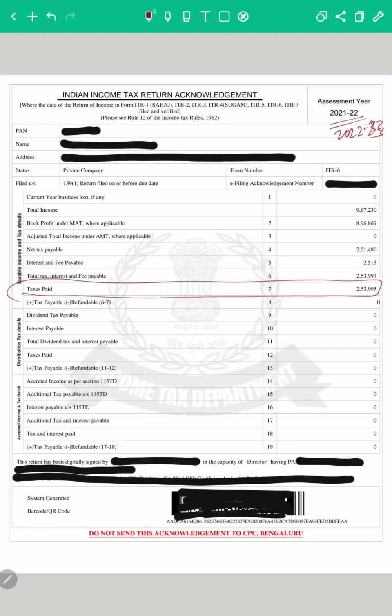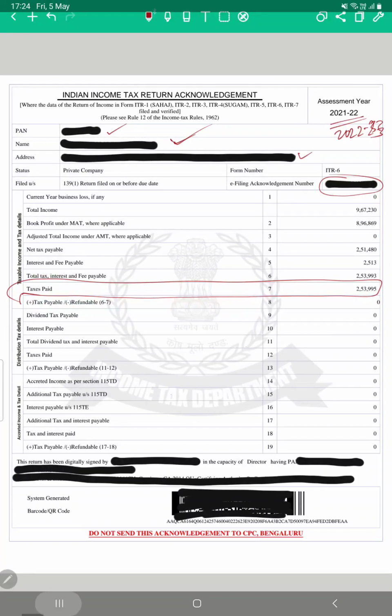Now you have to check once again whether it has the same PAN number and the name of the proprietor. If it is a proprietorship firm, the name of the proprietor is the same, the address is the same. Then when was it filed? Then you can check with the e-filing acknowledgement number as well, and all that due diligence you have to take care of. Now coming to the point, the taxes paid here is 2,53,995.